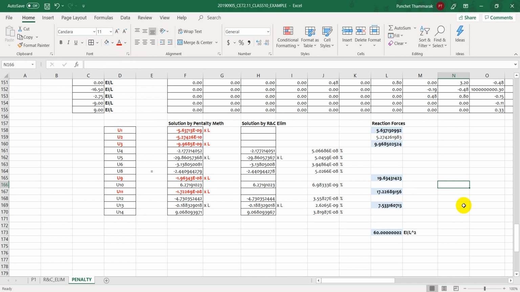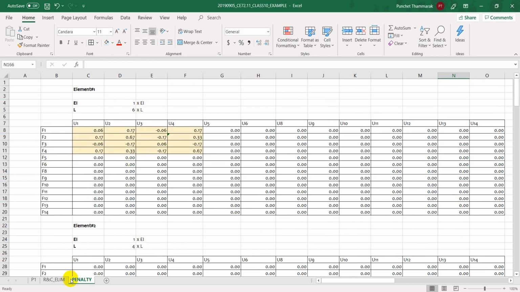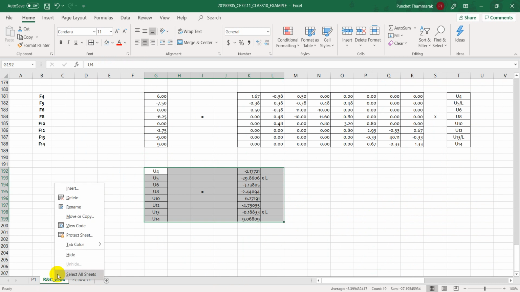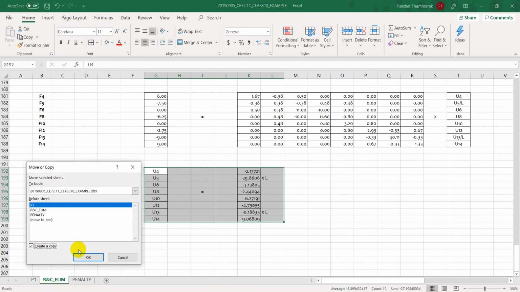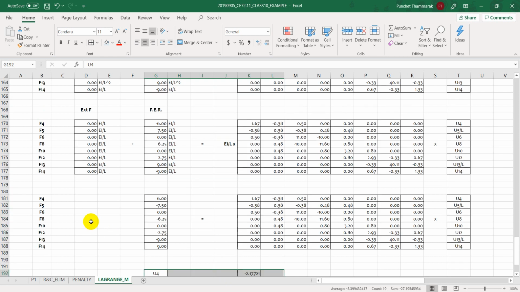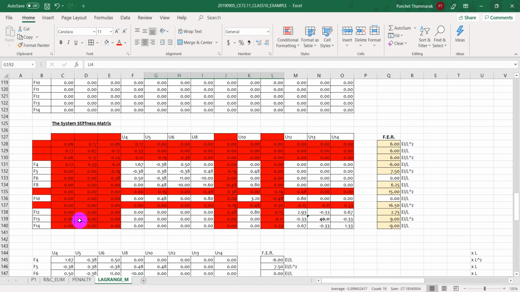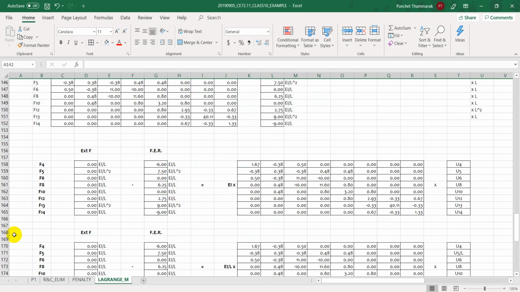Okay. Let's use this infrastructure again to make the Lagrange multiplier technique. So I will erase the system stiffness matrix. Okay, keep it there.